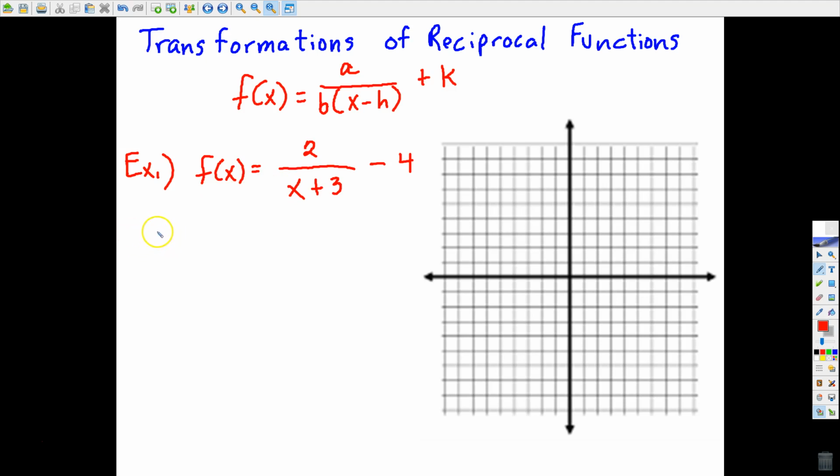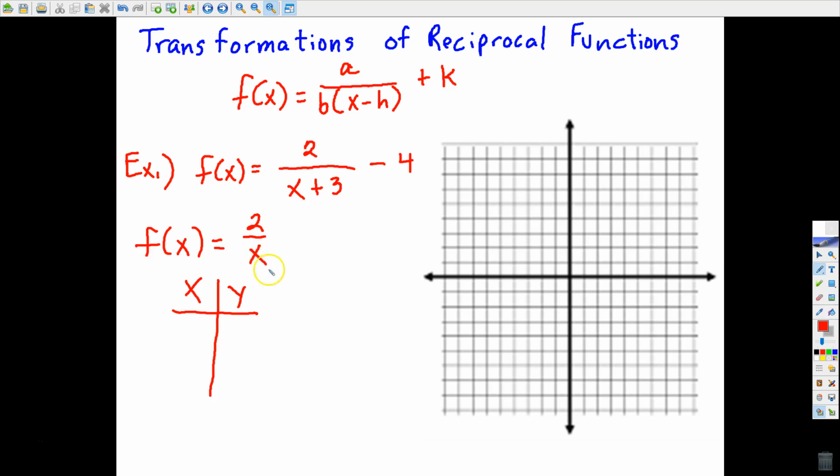So just like we've done in the past, I want you to think about a table of values just for the parent. And if we lifted the parent out of all of this, we would have f of x equals 2 over x. So let's start there with a table just for the parent.